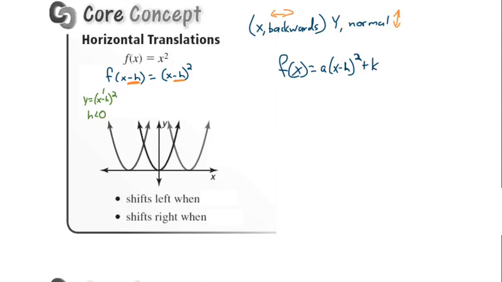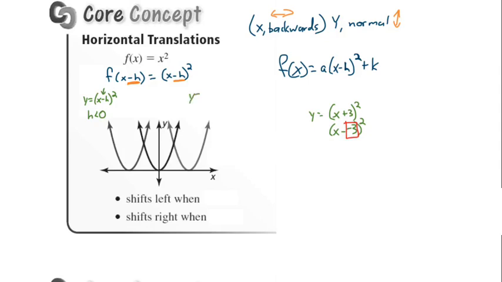Remember, the way it actually looks is opposite because of that negative in there. If you're going left 3, the equation will actually look like y equals x plus 3 squared. This is actually x minus negative 3. That is the h value in there. Because of this negative, which is part of the equation, it's going to flip it.